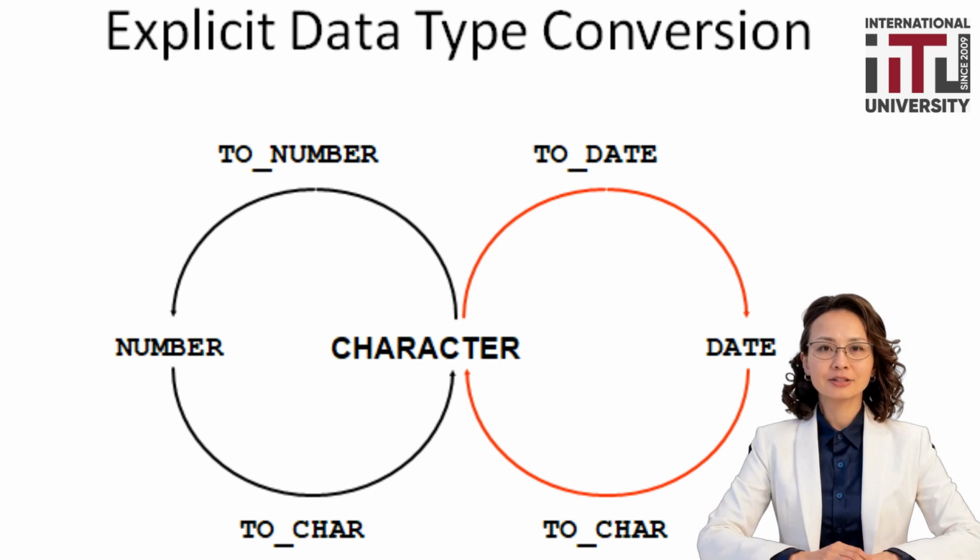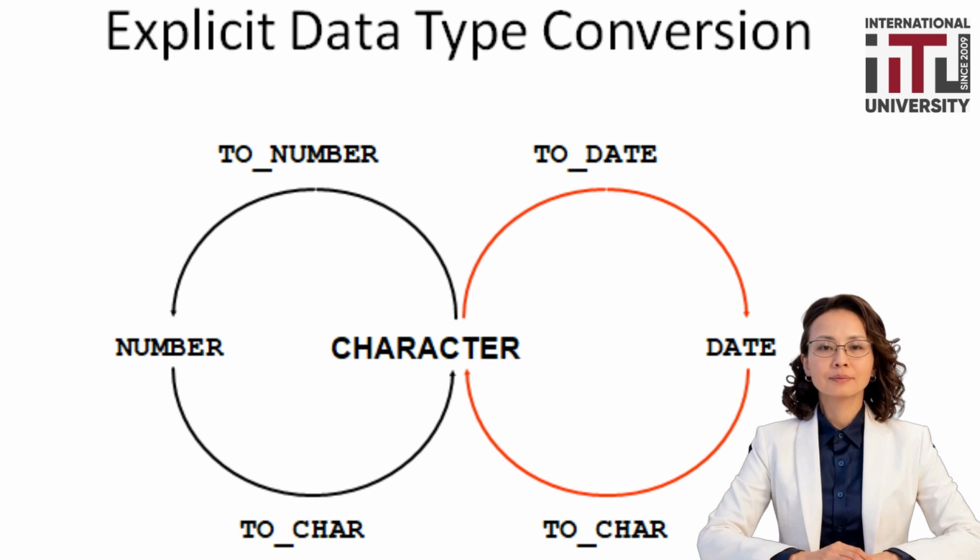This slide illustrates the concept of explicit data type conversion in Oracle. Explicit conversion is performed using specific built-in functions such as ToNumber, ToDate, and ToChar. Unlike implicit conversion, here the developer manually controls how data is converted from one type to another.